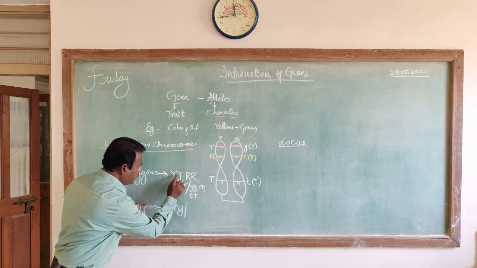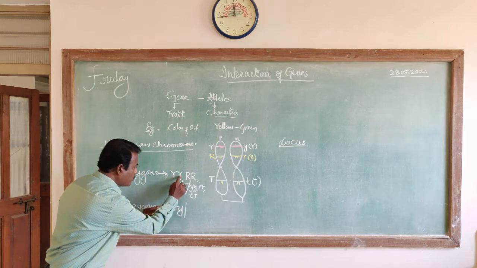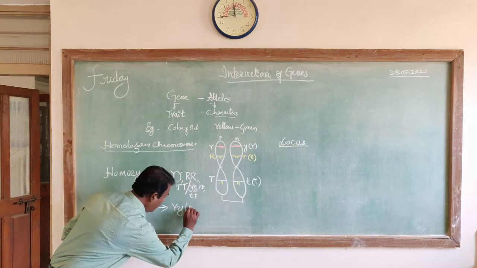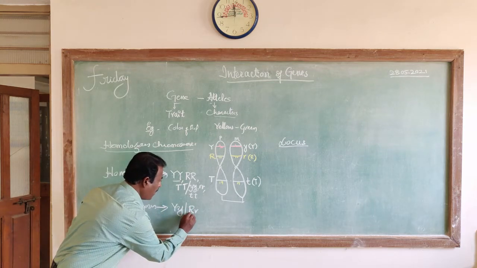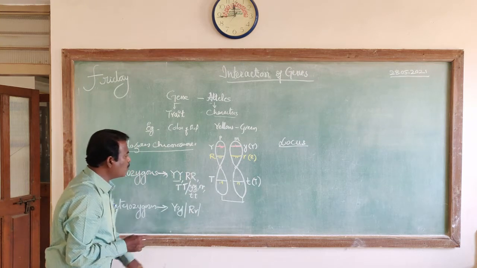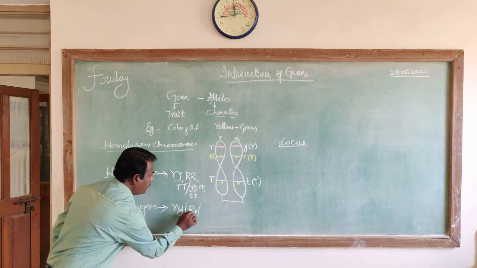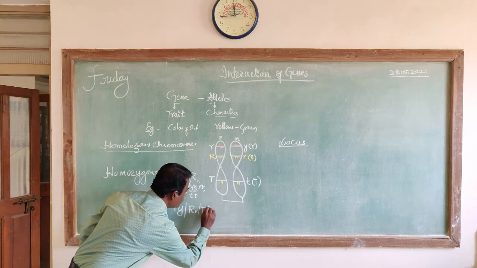Here also yellow color is expressed, but this is homozygous and this is heterozygous. Similarly, for shape of the seed, capital R, small r expresses a round shape. Here homozygous round shape, here heterozygous round shape. Then this could be capital T, small t.